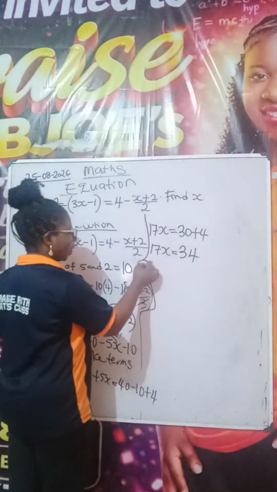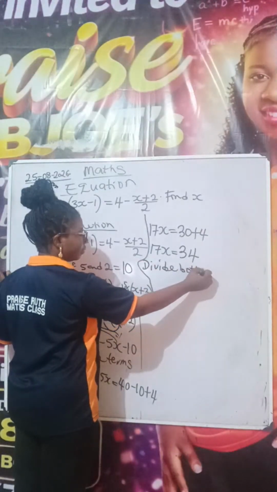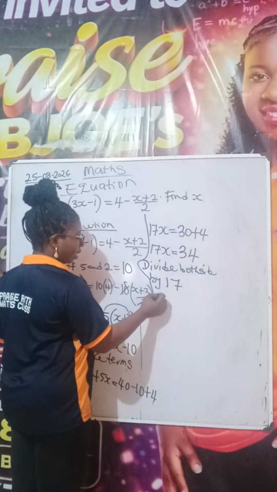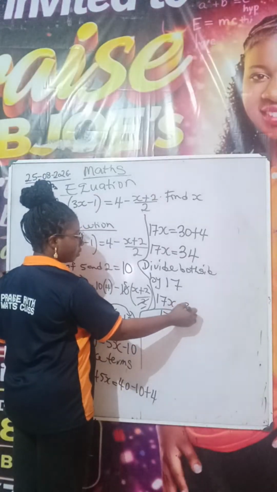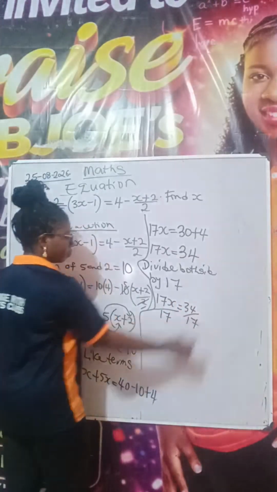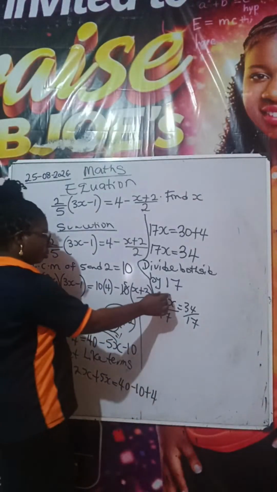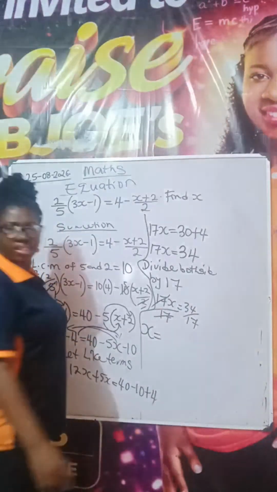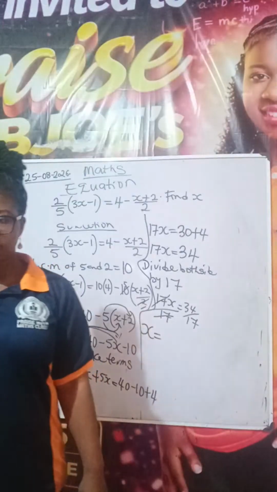So divide both sides by 17. And that will be 17x over 17, 34 over 17. Now look at it. This 17 removes. So we have x equals to 34 over 17. Can they divide? 17 and 34.